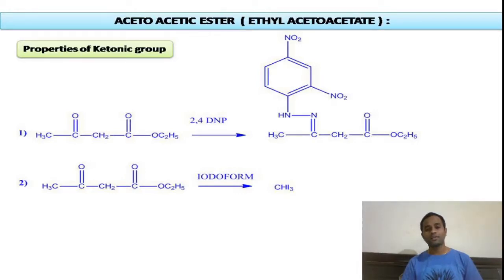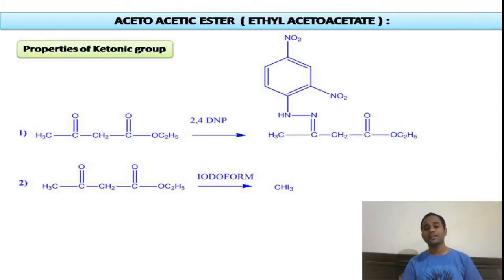In our compound, due to the presence of the keto group, it will give the 2,4-DNP test. 2,4-dinitrophenylhydrazine will react with the keto group to give the 2,4-dinitrophenylhydrazone derivative of ethyl acetoacetate, which is a colored compound. This is very helpful in identifying the presence of the keto group.